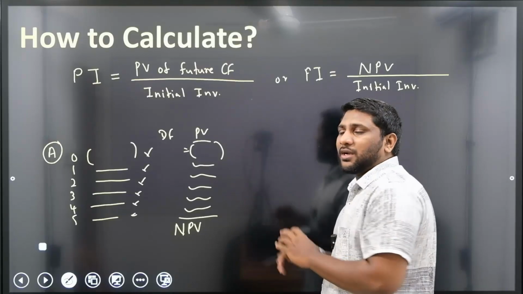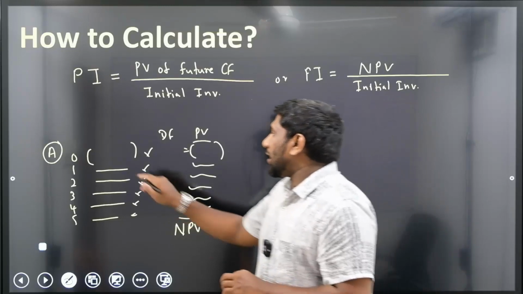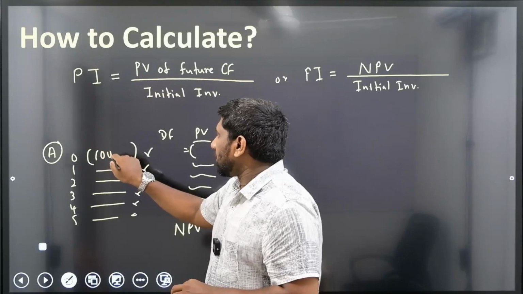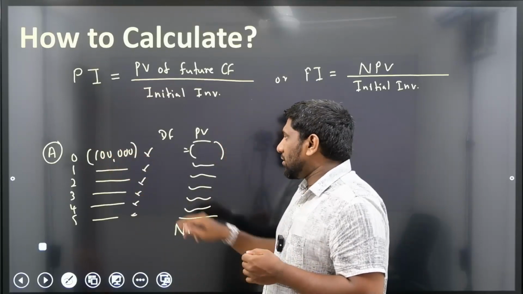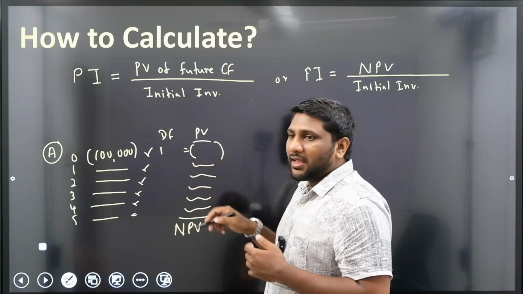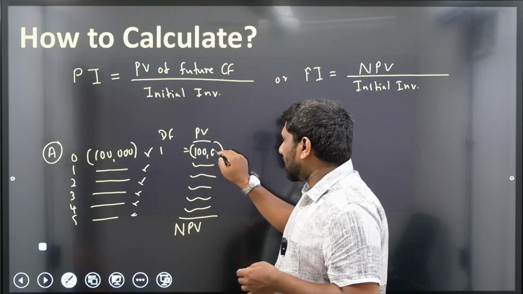Let's assume in this example the investment that I am making is $100,000. Normally in year 0, the discounting factor is 1, so the present value of the cash outflow, the investment, is $100,000.